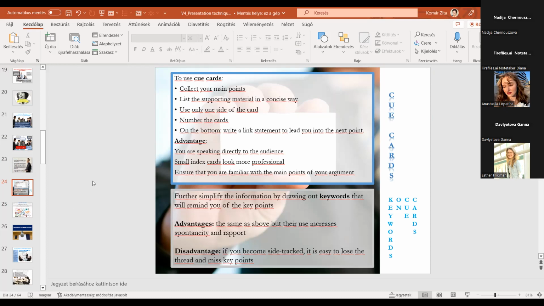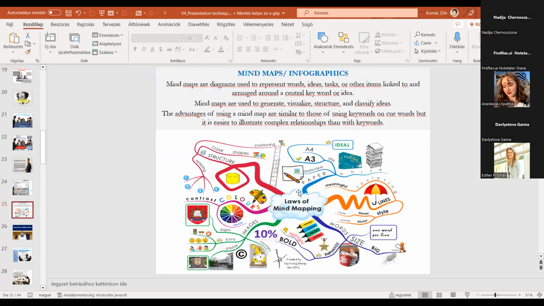But instead of the PPT, you can have cue cards and keywords on cue cards, or you can have a mind map or an infographic. These are both good ideas, alternative ways of organizing information. The mind map and the infographics do not use a linear logic like the PowerPoint slides, but they use a holistic view of everything that you can think of.